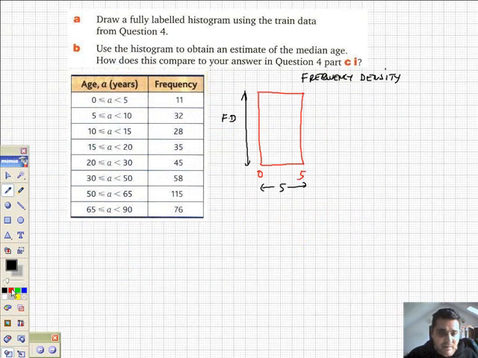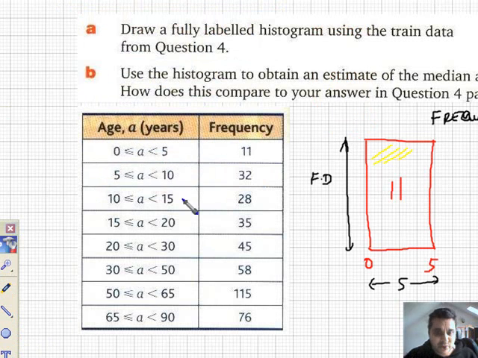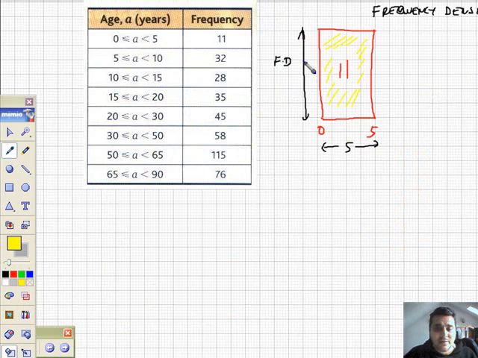And the 11, you may remember, is actually taken as the area of each little bar. So the 11 people between 0 to 5, or just under 5, are represented by the area of that bar. And if it's the area of a rectangular bar, we can work out the height of this individual bar, and that height will be the frequency density for that particular set of data.